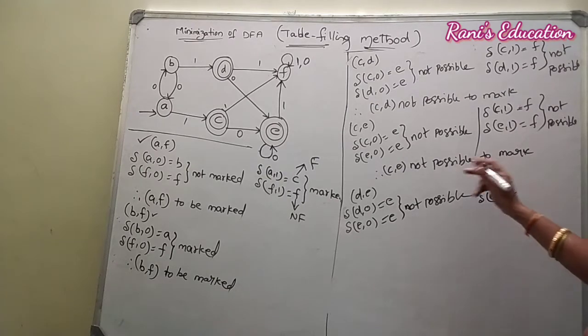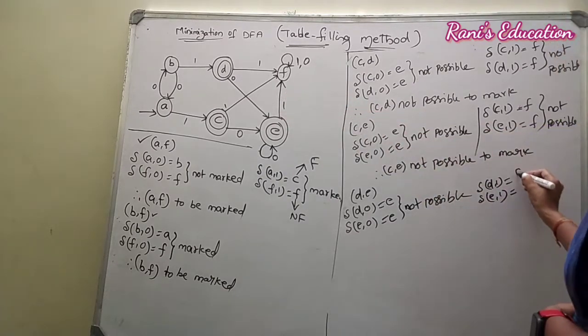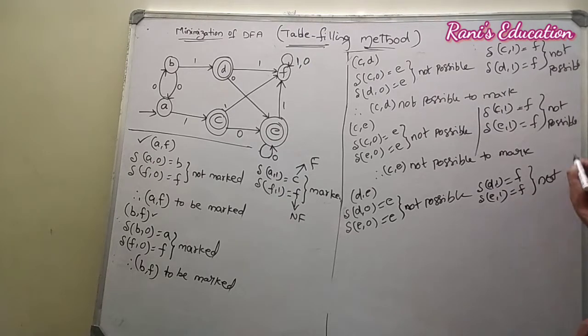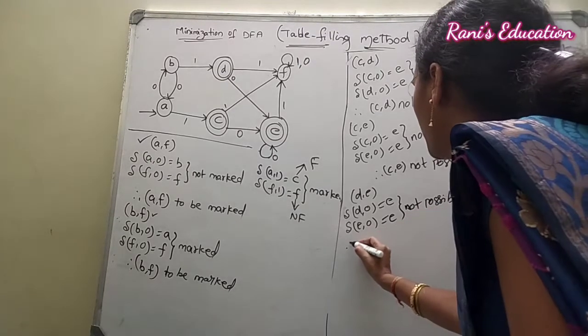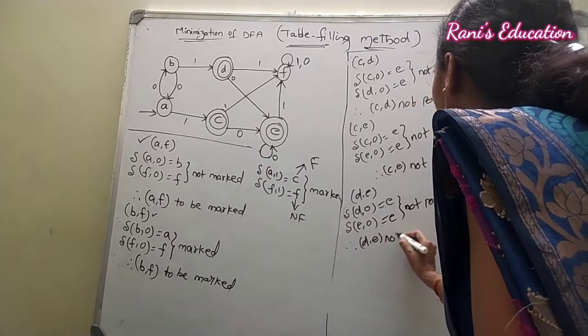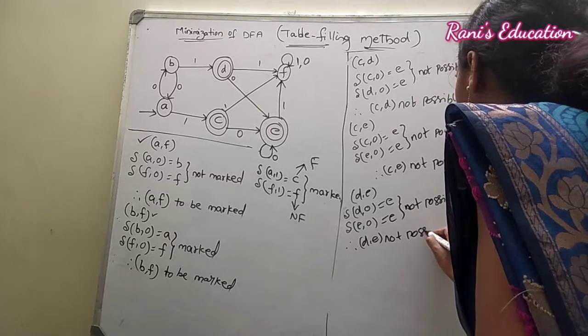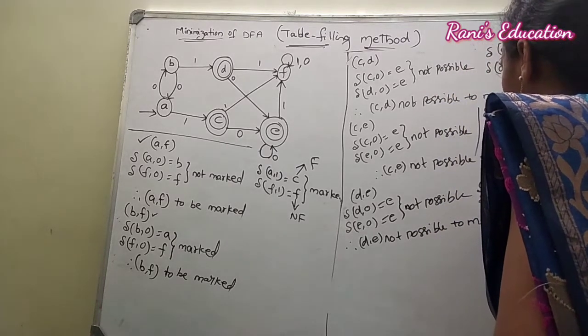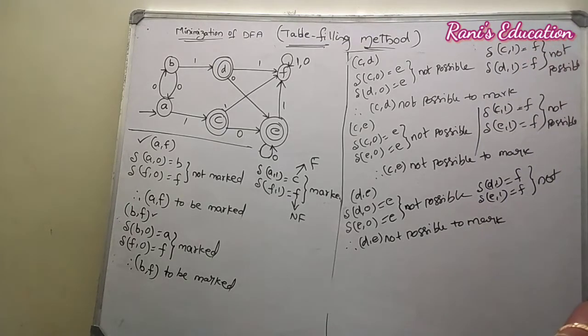What is D comma 1 here? That is F. E comma 1 is also F. So which is not possible to mark. Therefore, the state pair D comma E is not possible to mark in the table.